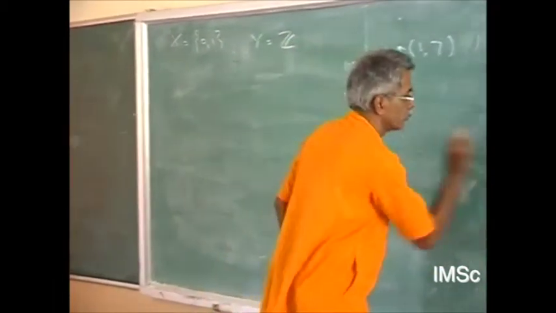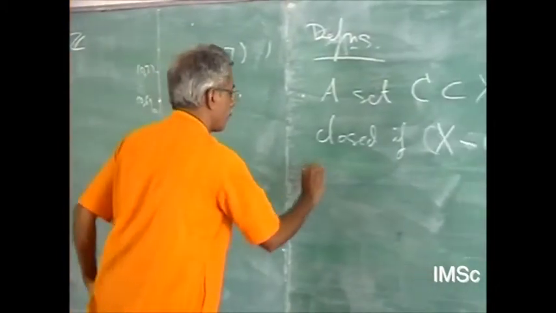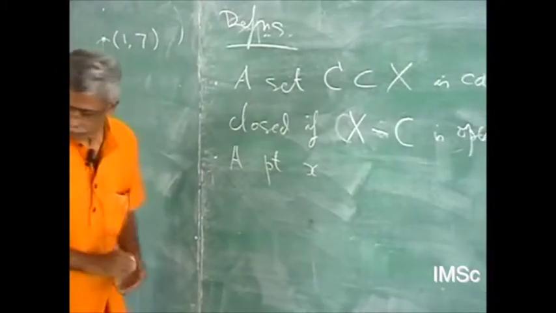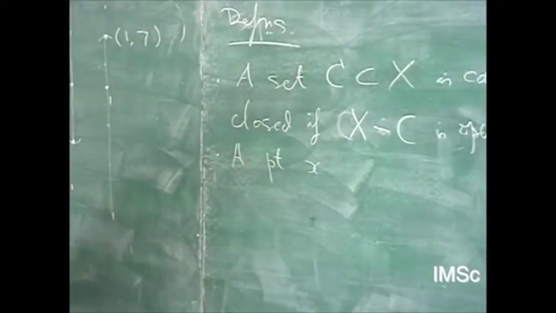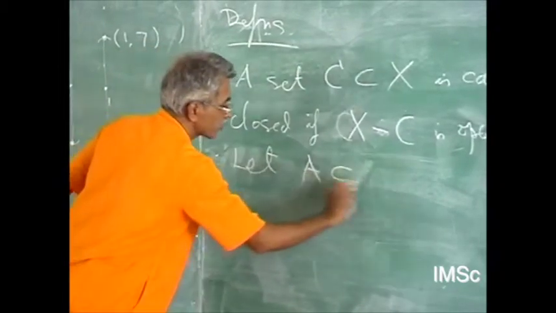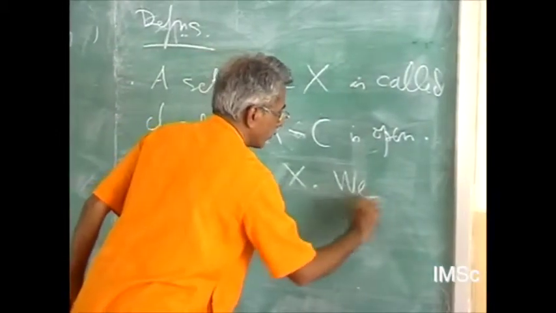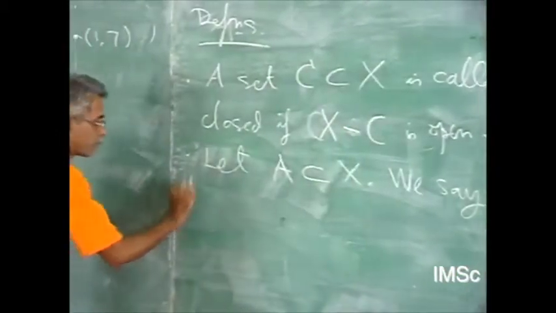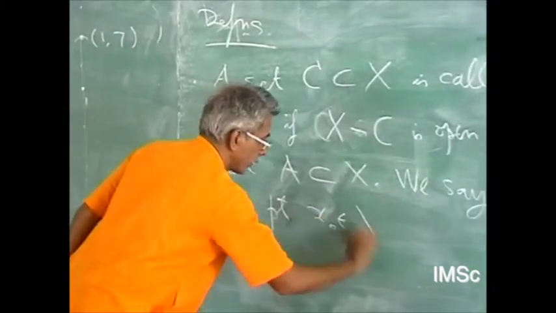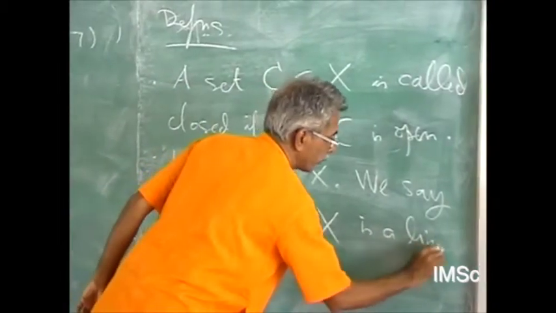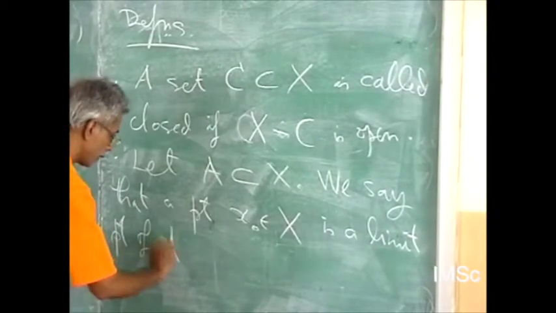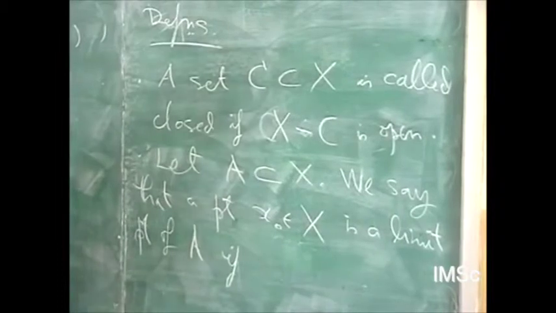Okay? So let A be a subset of X. We say that a point x naught in X is a limit point of A if, so I write a condition here so everybody can see.